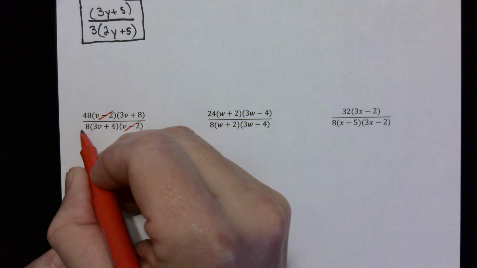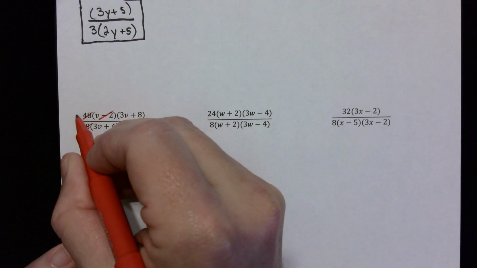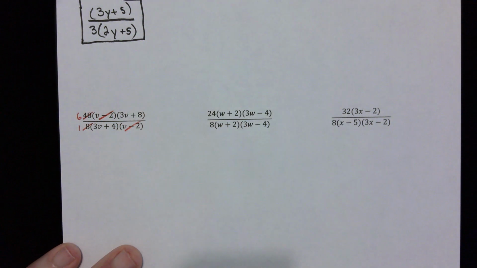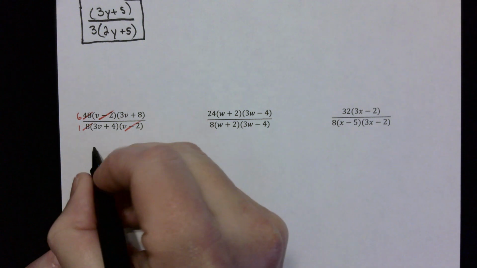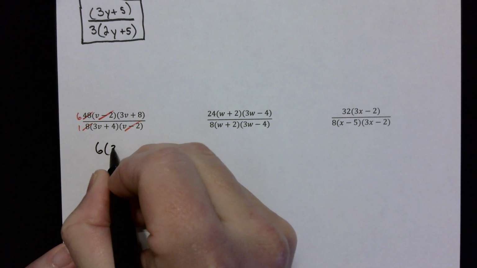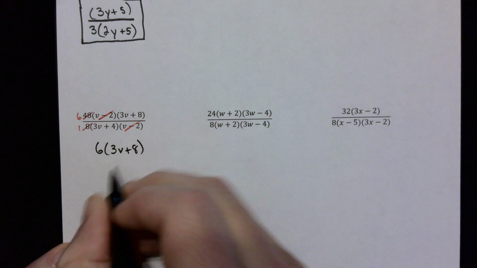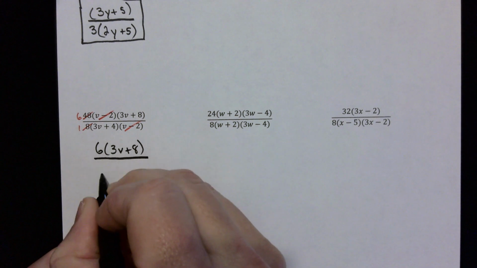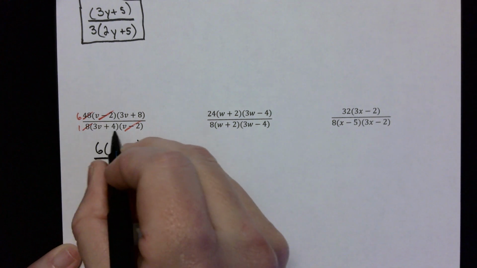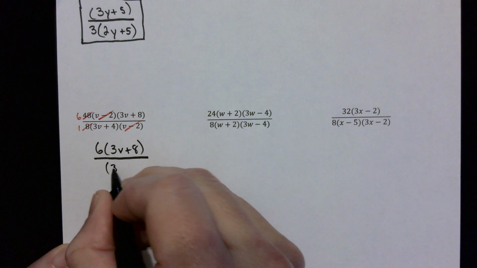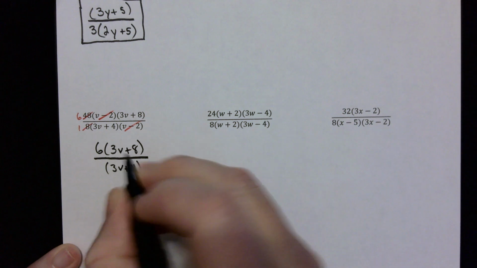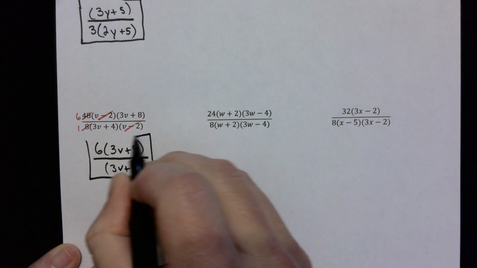Well, 8 goes into itself once, and 8 goes into 48 6 times. So on top we have a 6, and then we have a 3v plus 8. And on bottom we have a 1, which I'm not going to write, because I have a 3v plus 4 I can write. And there we go.